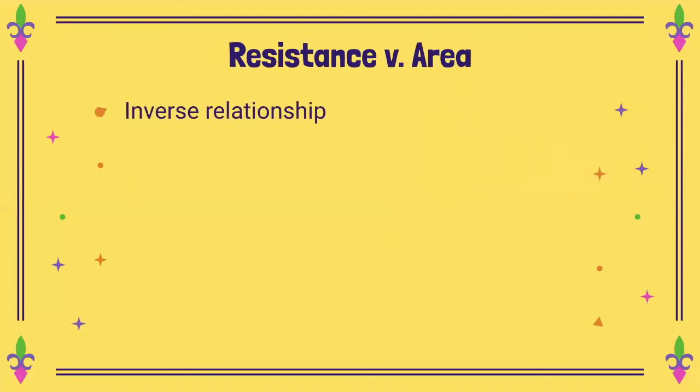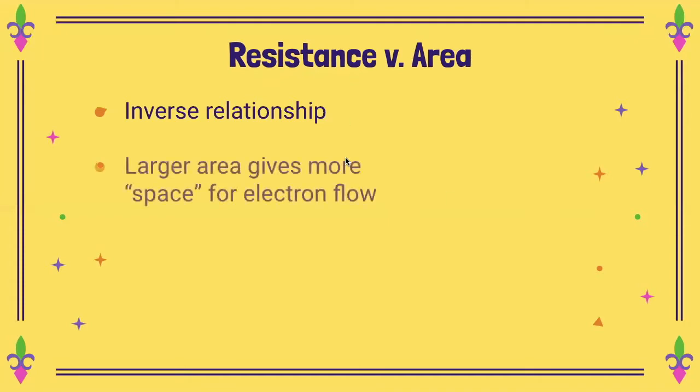This is an inverse relationship. So as area increases, imagine I'm a wizard and I'm able to take the lockers in the hallway and move them farther apart. That makes it easier for our student electrons to walk through. A wider area makes it easier for electrons to go through, so the resistance decreases.